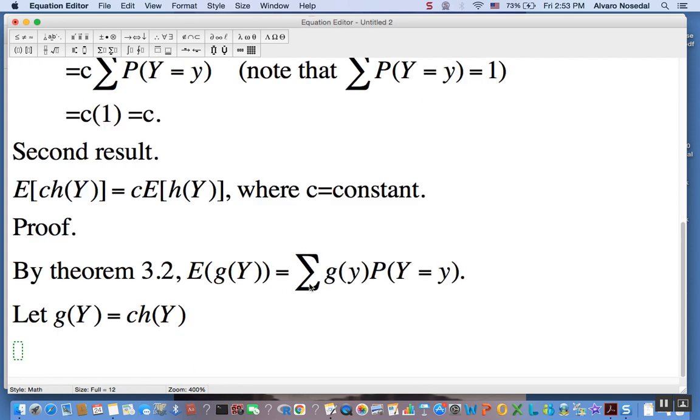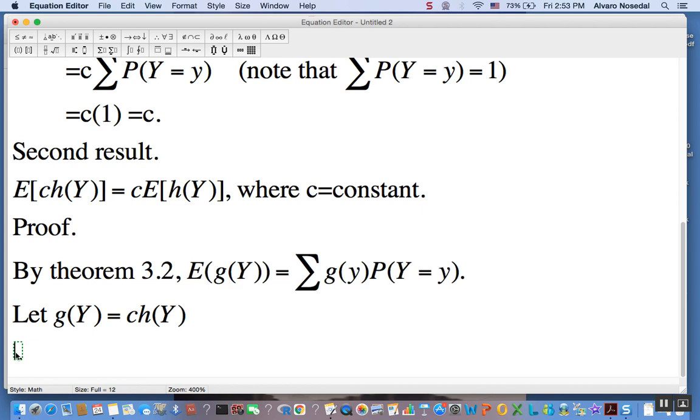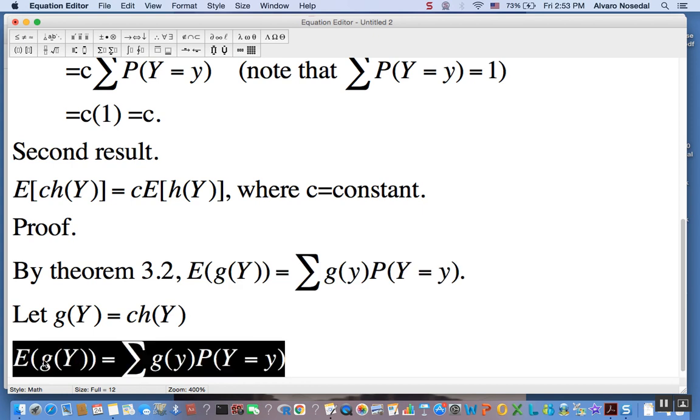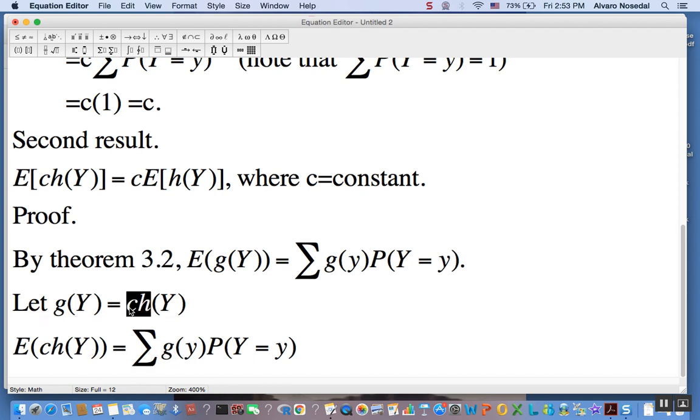Then we just substitute, and we're going to have, instead of g of y, c times h of y, and instead of having g of y, we're going to have c times h of y times the probability distribution.